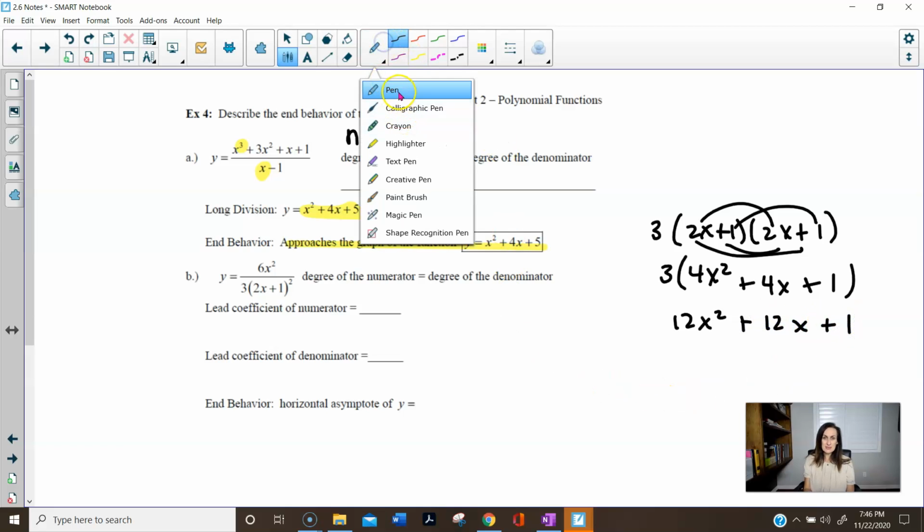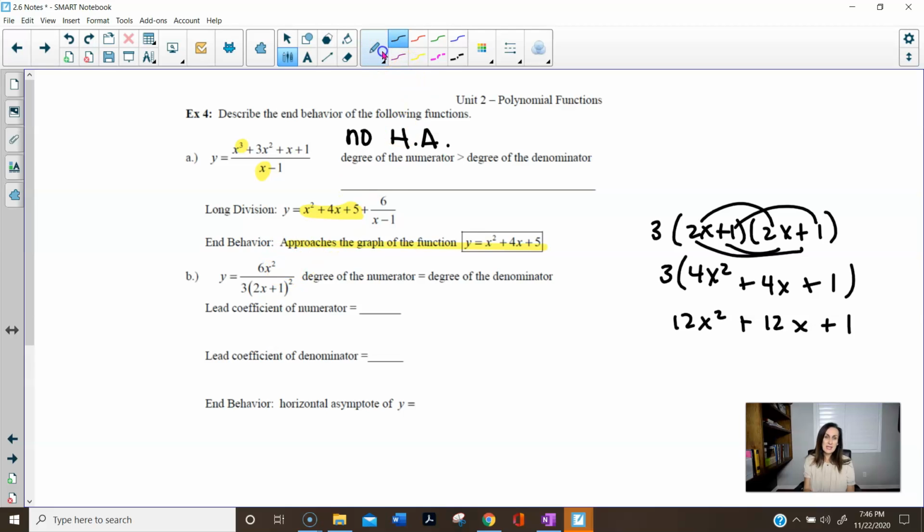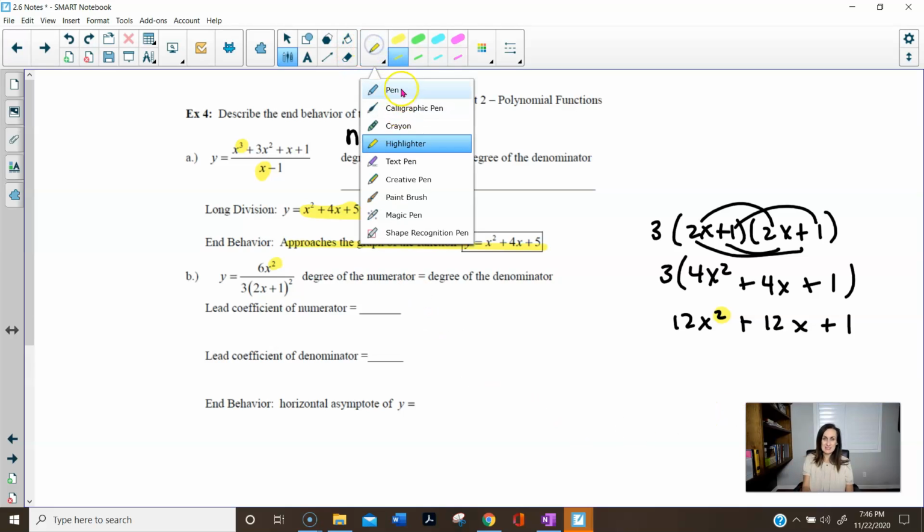And if we look at the degree then, the degree in the numerator happens to be a 2. And the degree in the denominator is also 2. And so this is what we call a same co, which means that we're going to look at the coefficient for the horizontal asymptote.